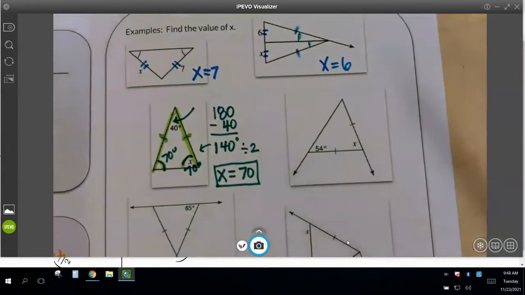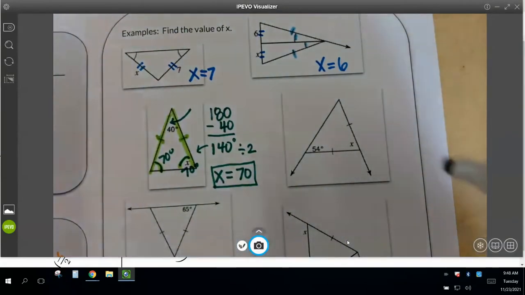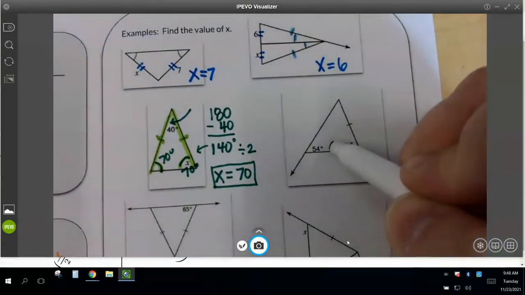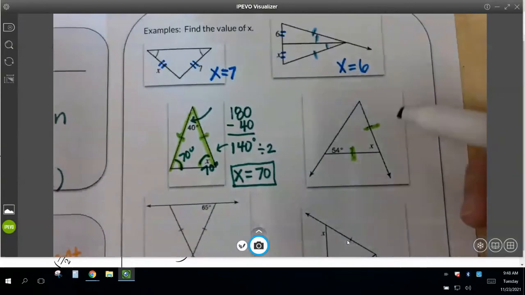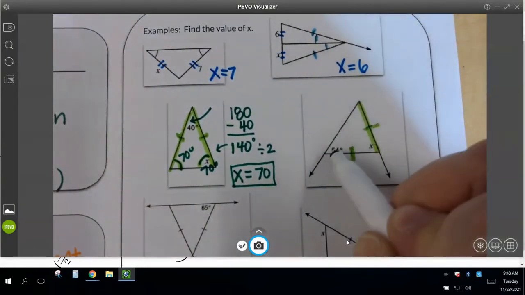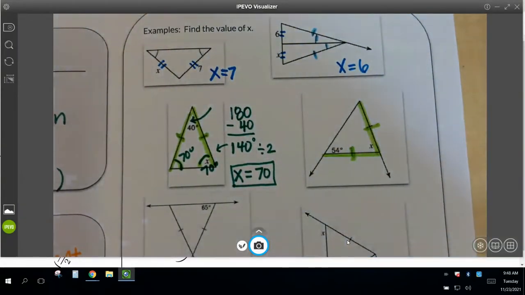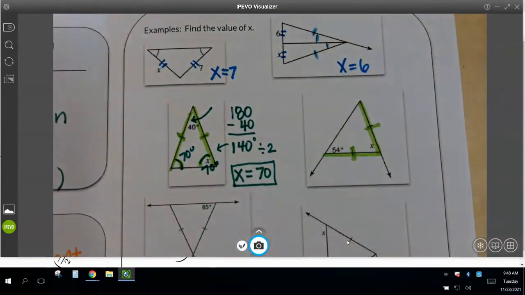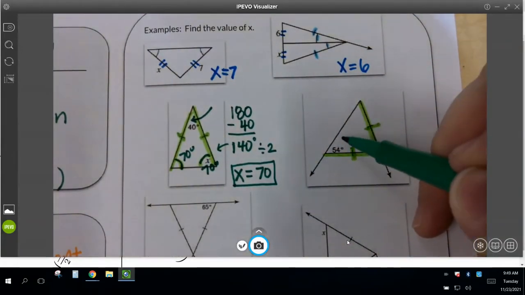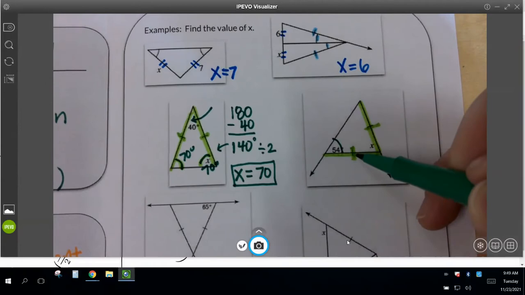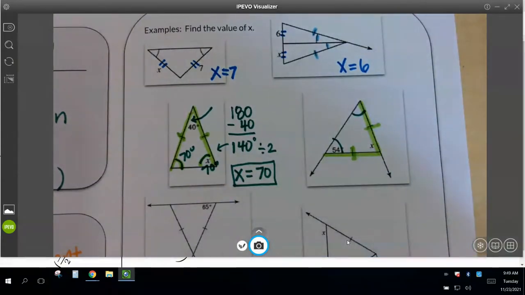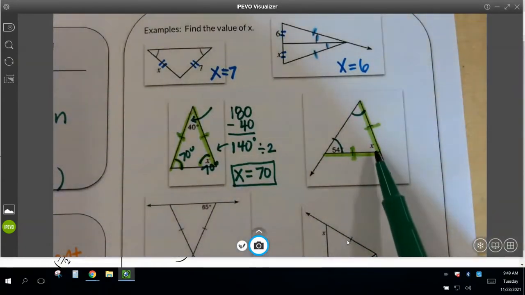In the next problem, the way that the triangle is facing is a little bit tricky. The sides that are congruent to each other are these two sides. So this side and this side right here are our legs. The angles that are opposite those legs would be the 54 and this angle over here. The x is actually the vertex angle. It's not the base angle.